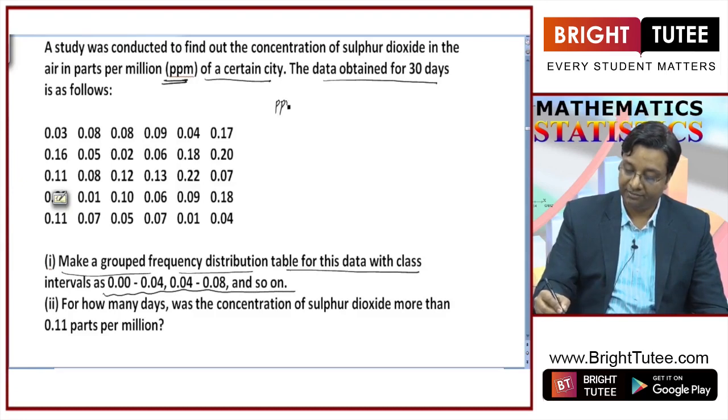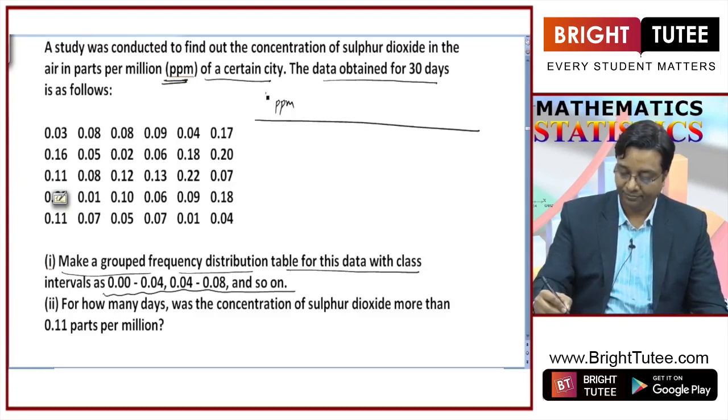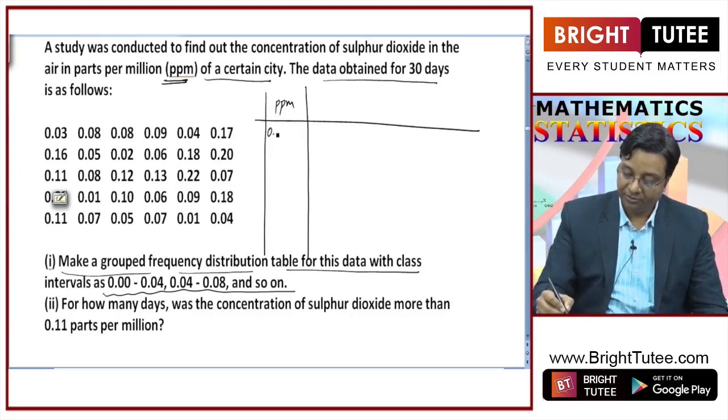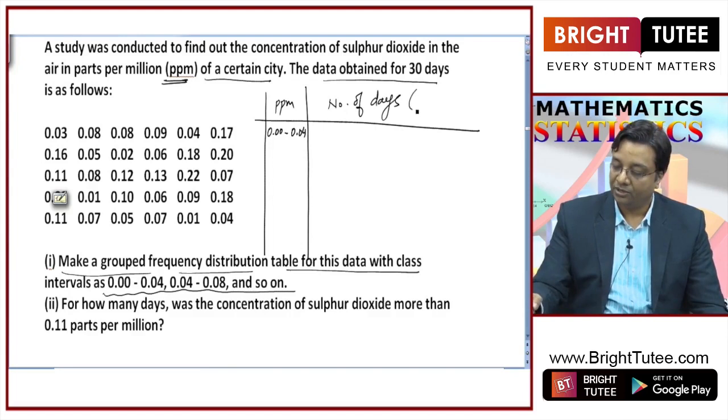Okay, so ppm is between 0.00 to 0.04 for how many days? We will write it here, number of days or frequency, right?